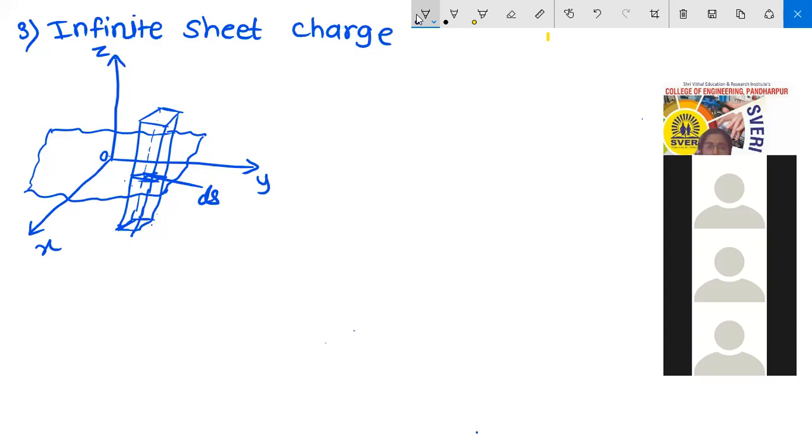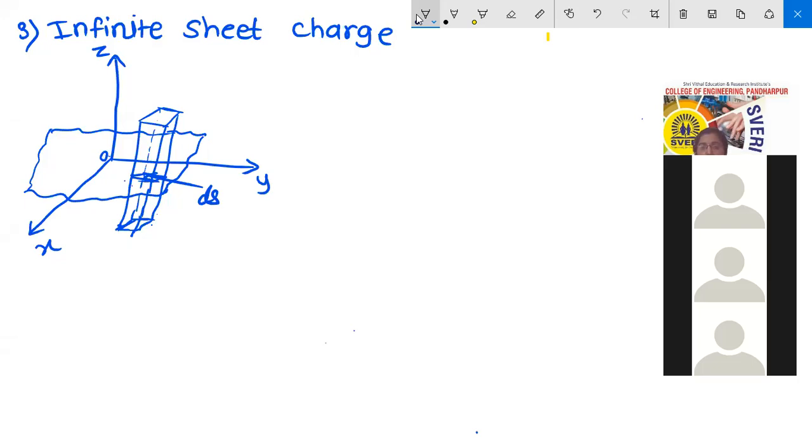Now, the D bar component, that is the electric flux density component, will be in which direction? Can anyone tell me? Because this is a rectangle, we are considering it as a Gaussian surface, and for a rectangle we have to consider the Cartesian coordinate system, which is also called the rectangular coordinate system, right?